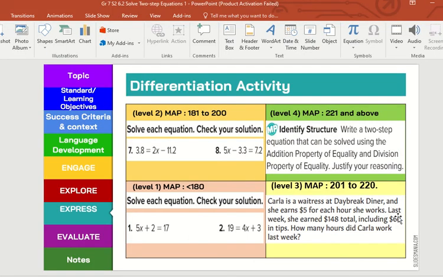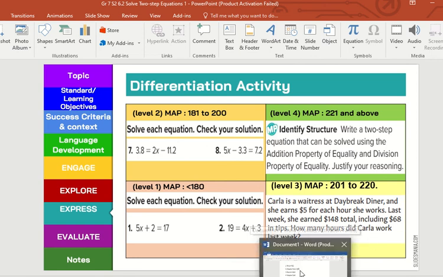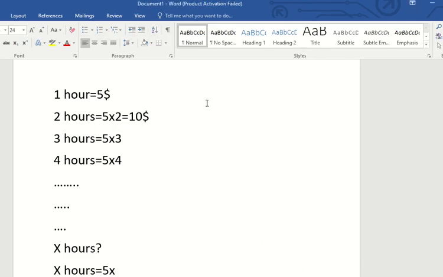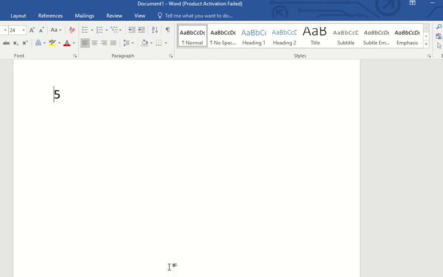Then next, last week she earned 148 total, including 68 in tips. Now please tell me, for example, if you are going to eat a pizza in a hotel, and you have given 100 rupees, but the price for your pizza was 50.